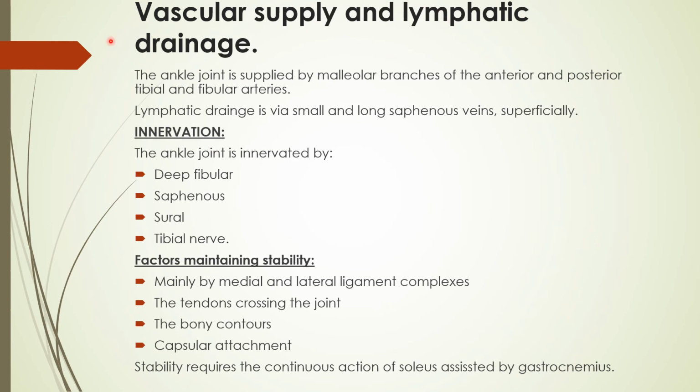Vascular supply and lymphatic drainage. The ankle joint is supplied by malleolar branches of the anterior and posterior tibial and fibular arteries. Lymphatic drainage is along the great and small saphenous veins, superficially. The ankle joint is innervated by the deep fibular, saphenous, sural and tibial nerves. Stability is maintained mainly by the medial and lateral ligament complexes, tendons crossing the joint, bone contours, shape of the bones, and capsule attachment.